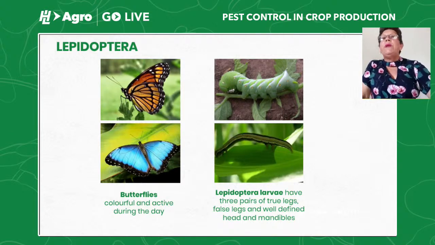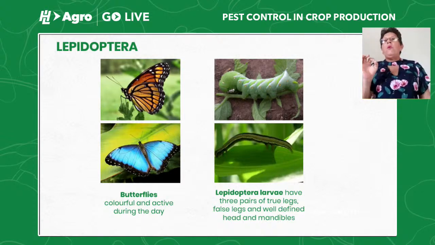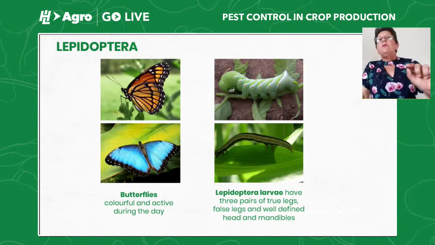But in this group, it is unique that they have false legs. False legs are these gummy structures that you see on the lower side and the back of the insect. And they are useful for the insect to walk when it's in the larva stage. The only larvae that have true legs, false legs, and a big head that you can recognize are the Lepidoptera larvae.